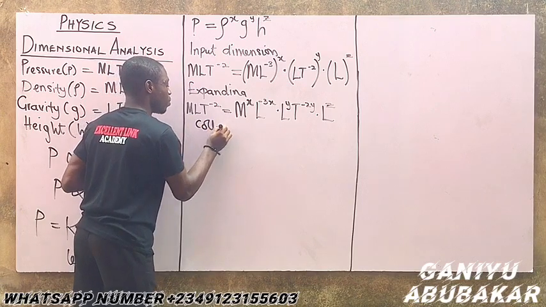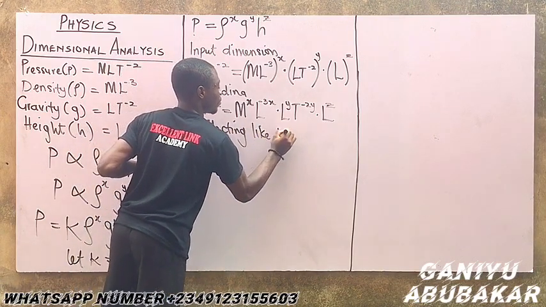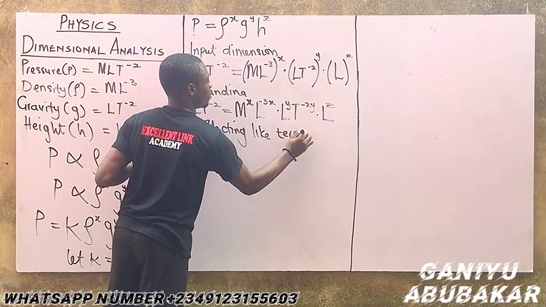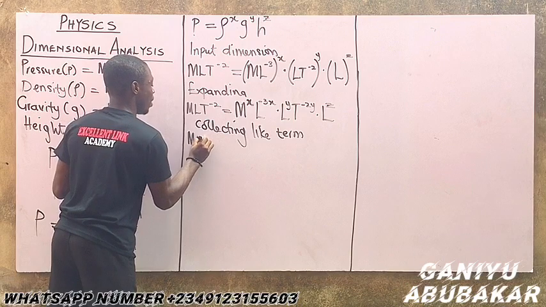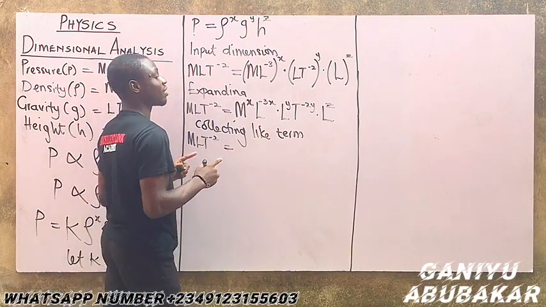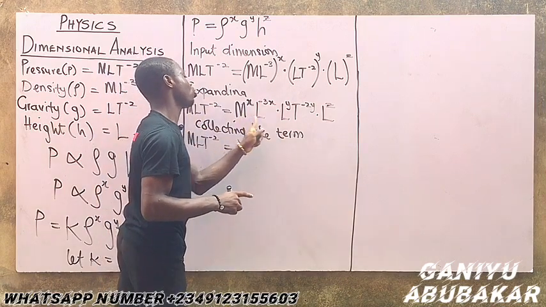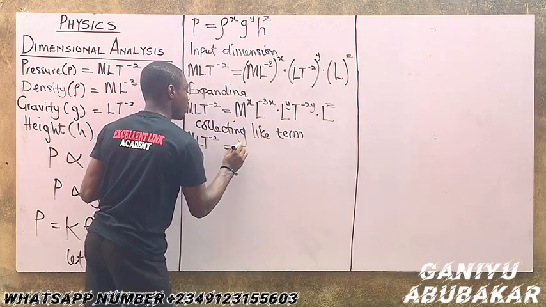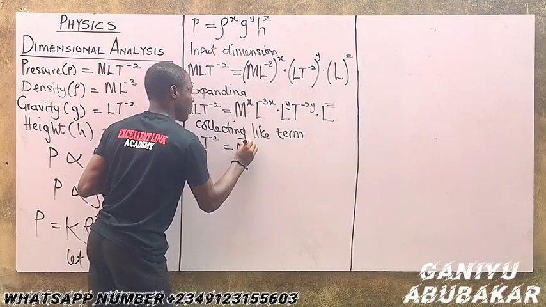At this point here, next task is to collect like terms, right? So collecting like terms, I'll have, putting this back, M L T to the power minus 2 being equal to, first, M. Just one M here. Pick out M first. I'm having M to the power x.